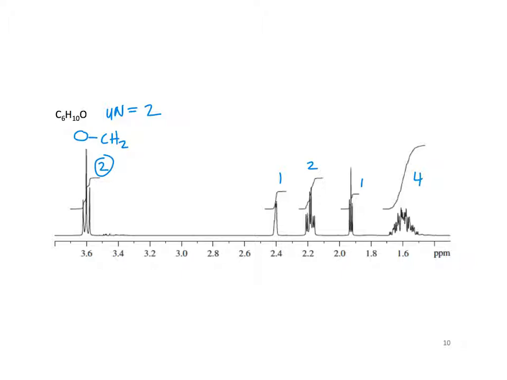That's too far downfield to be next to a carbonyl. The peak at 2.4 is probably the OH, which has a surprising amount of structure. With more dilute solutions you can start to get some coupling, since there's less intermolecular hydrogen bonding.